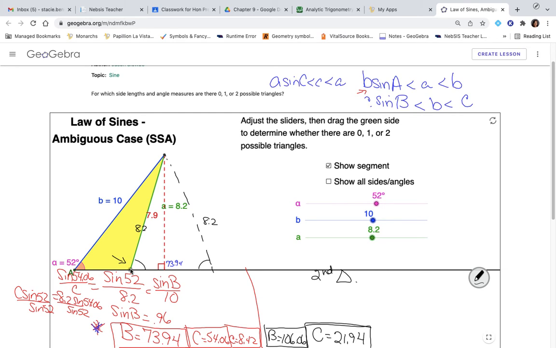And now we use the law of sines once and we're done. We can find side C. So let's do the law of sines one more time. Sine of, we can start with our original 52 over 8.2 equals the sine of our new angle C, 21.94, over our new side C. And we try to get the C by itself. Wow, I didn't write my sine up there very well, did I?